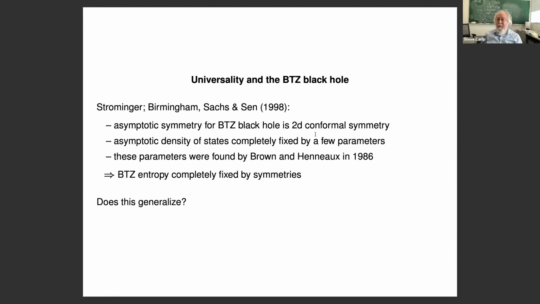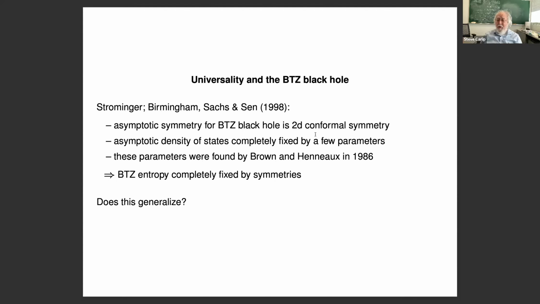Now, I have to say that I'm a little embarrassed every time I talk about this, because Brown and Henneaux did their work at the University of Texas in 1986 while I was a graduate student there, and Henneaux was one of my professors. In 1995, I wrote a paper that said, hey, if we want to understand the BTZ black hole entropy, there's this formula, the Cardy formula, that gives the density of states in a two-dimensional conformal field theory.